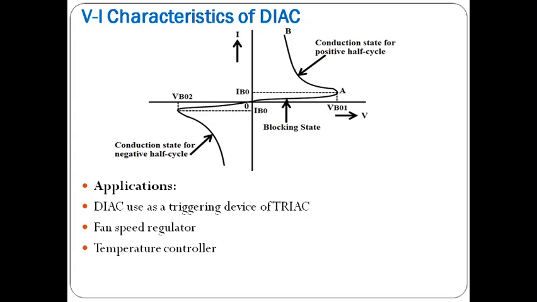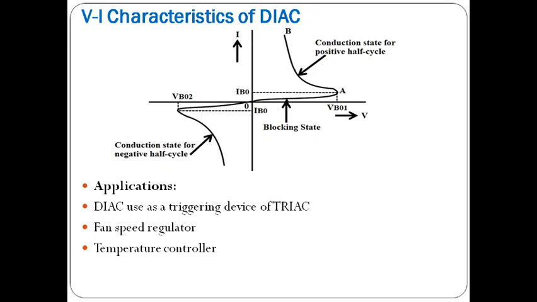So we can observe the characteristics of the DIAC in this slide. One is for the positive half cycle and the second one is for the negative half cycle. Yes, conduction state for the positive half cycle, conduction state for the negative half cycle. It is also like an SCR here, but it is uncontrolled.